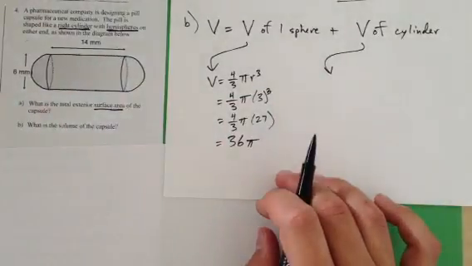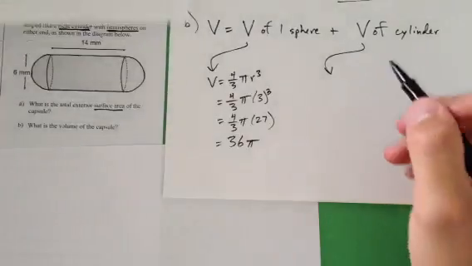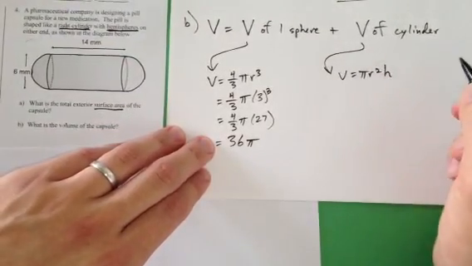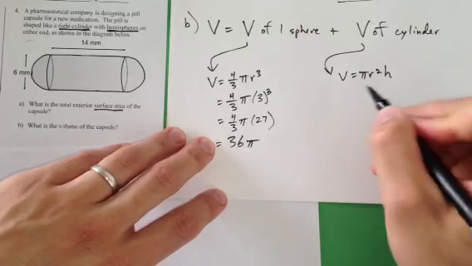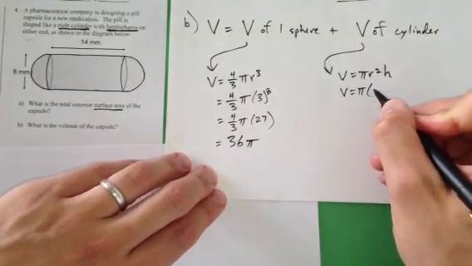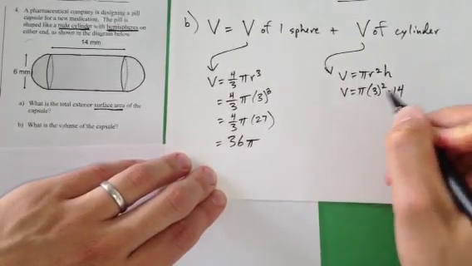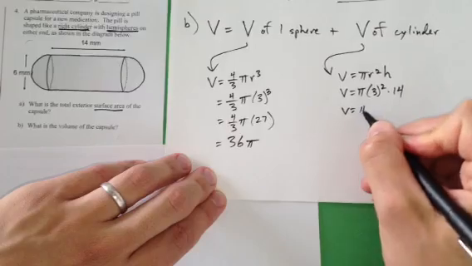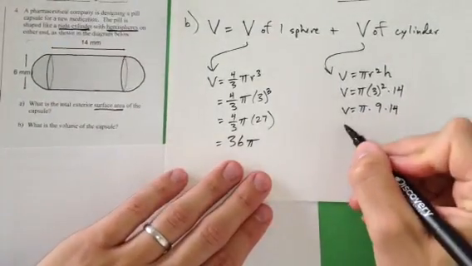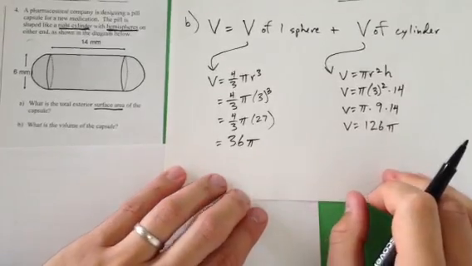Now what about the volume of the cylinder? Well, the formula, we know that shape. The volume is pi r squared times the height. We know the radius and we know the height. So the volume equals pi, the radius 3 squared, times the height 14. So volume equals pi times 9 times 14, which equals 126 pi.